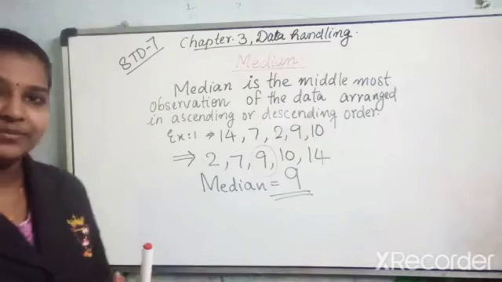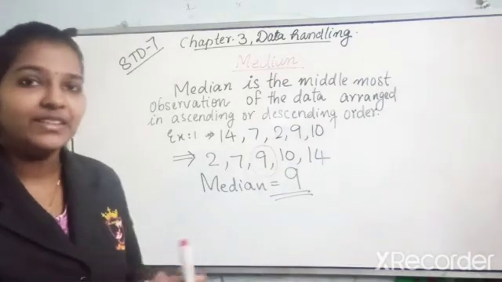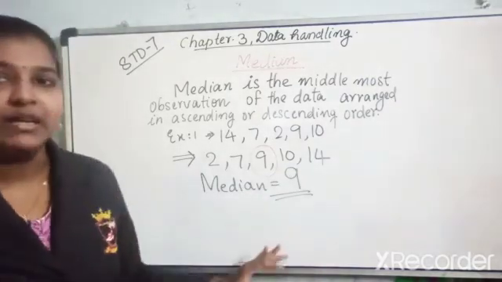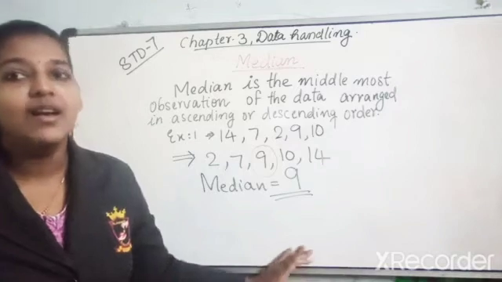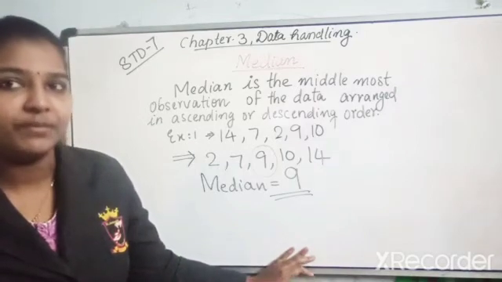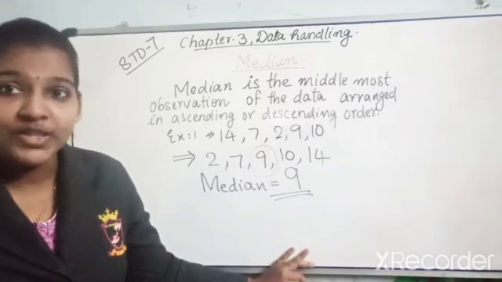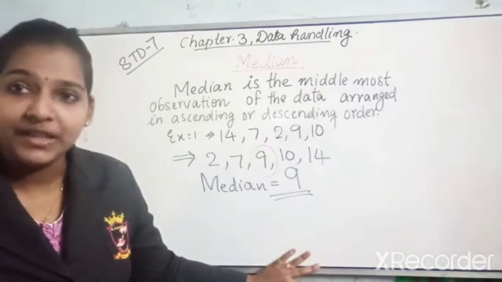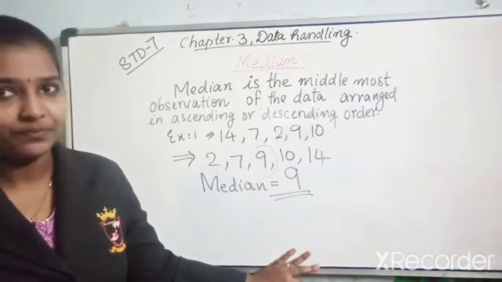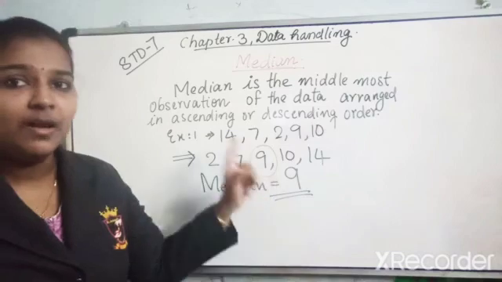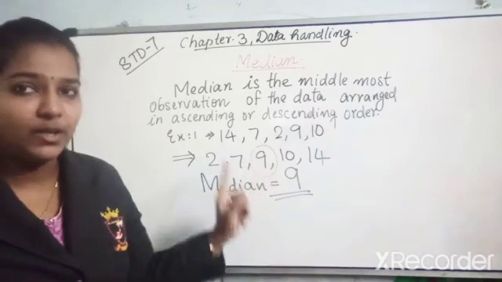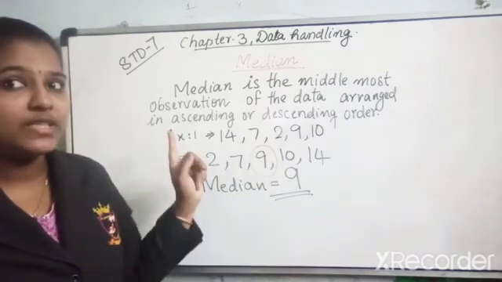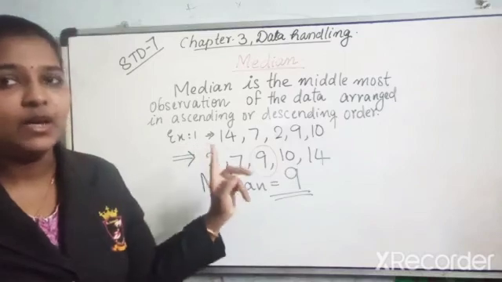Got it, children? It's very easy, right? Yes. So remember, median means middle observation, and we learned mode is the most repeating observation. Okay, remember, median is the middle observation and mode is the most repeating observation.